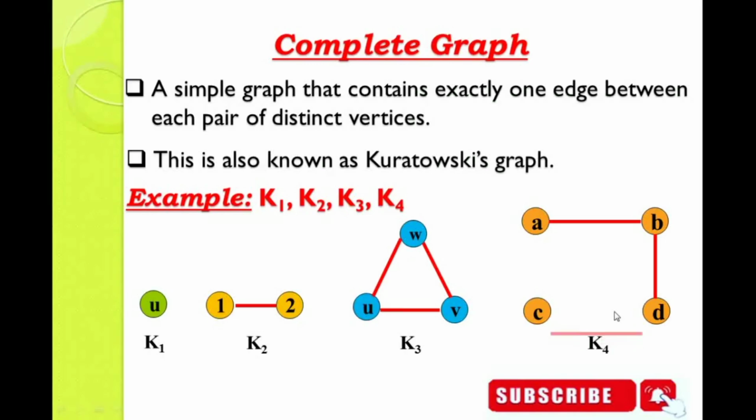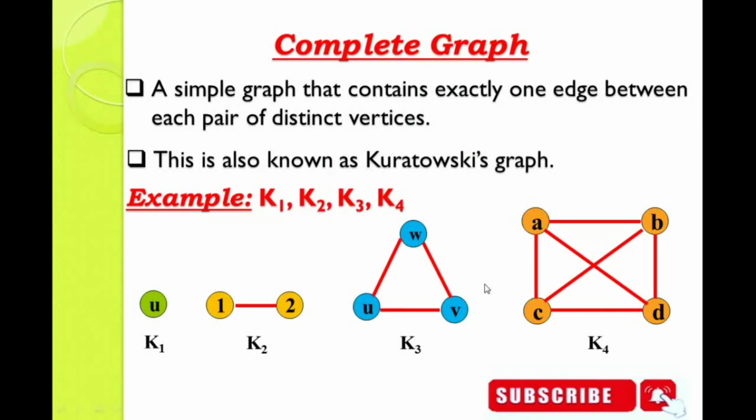Another pair is C to D. Next pair is C to A. And C to B is also one pair. A to D is also one pair. One more pair is B to C. Here you see there is an edge between every pair of vertices. So this is called the K4 graph.